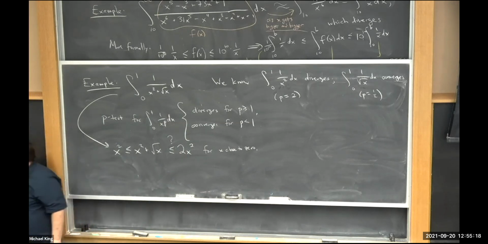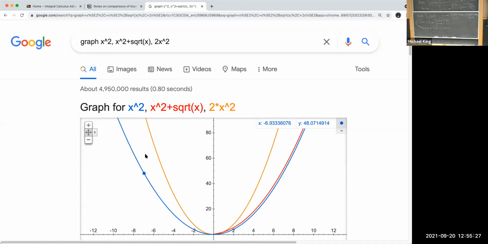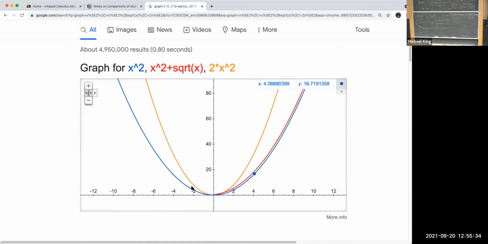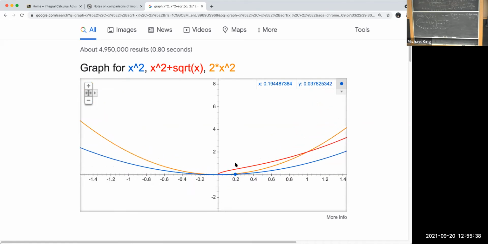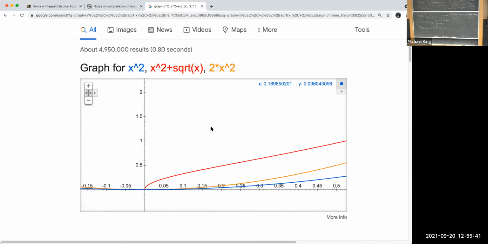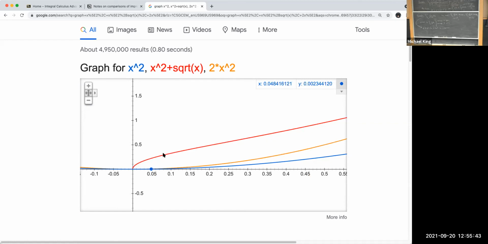So I actually plotted all three of these on the screen. The blue graph is x squared. The yellow graph is 2x squared. Can I zoom in is the question. Look what happens close to 0.